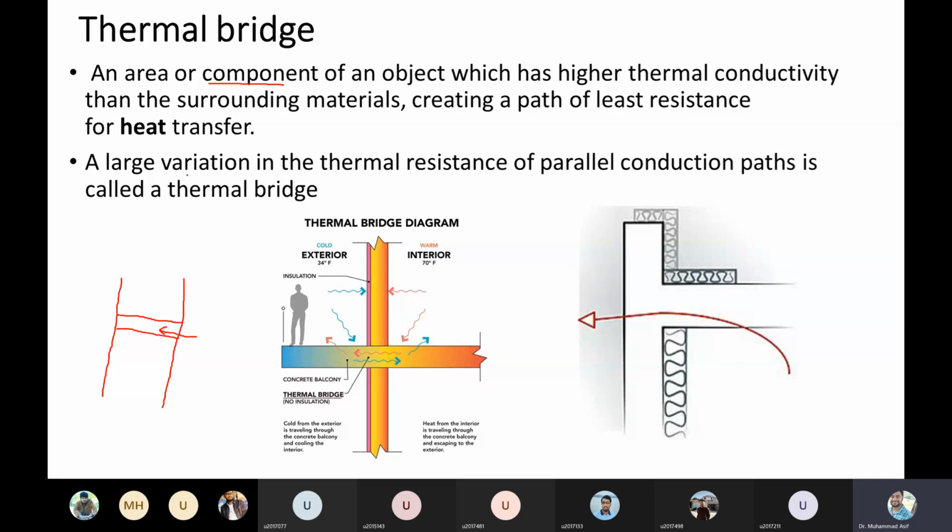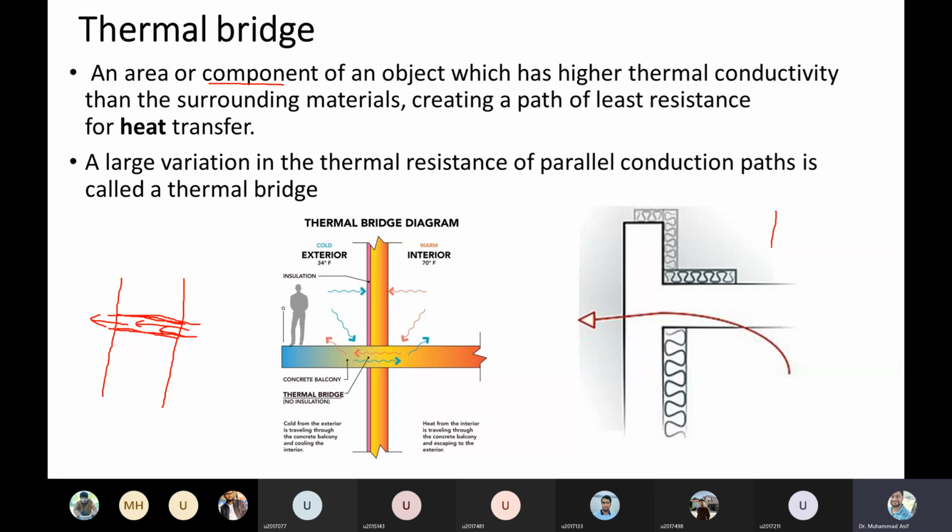Similarly, when we say thermal bridge, it is an area where the heat transfer resistance is minimum. So that means the heat will flow; the heat transfer will be much larger compared to the other components. So that's why it is called a thermal bridge. But the thermal bridge is not good for the heat transfer in building structure.